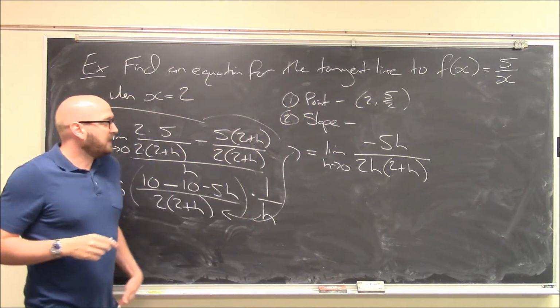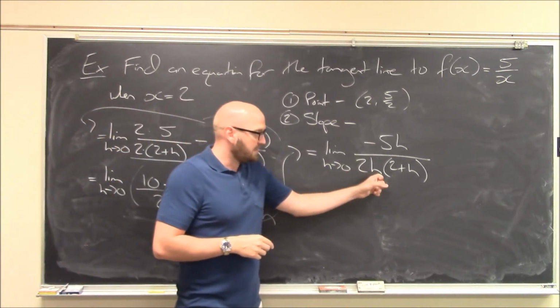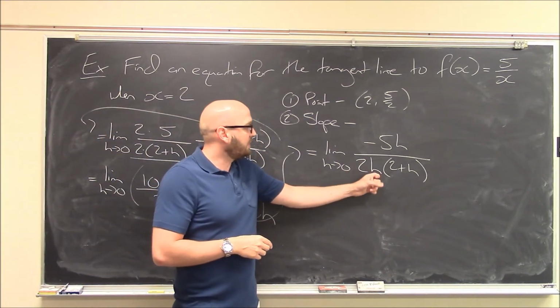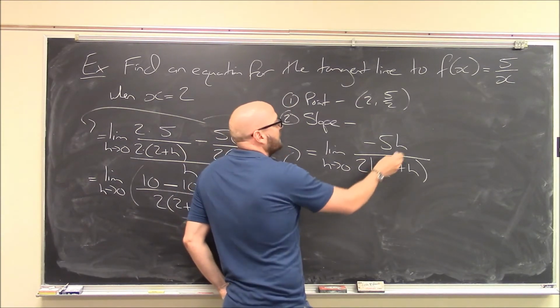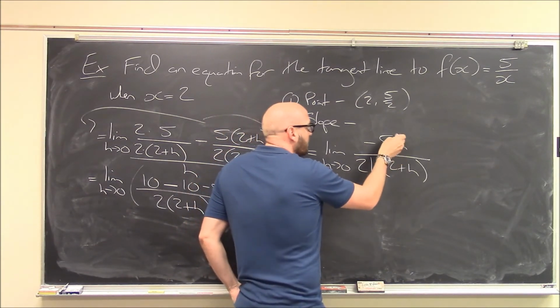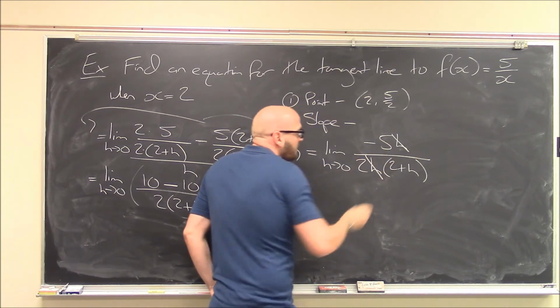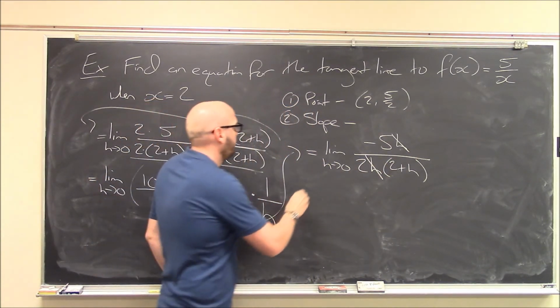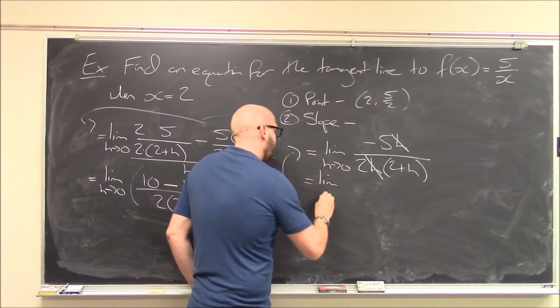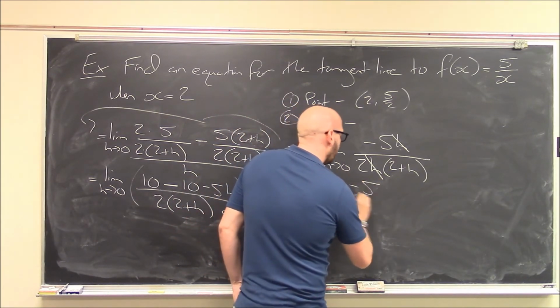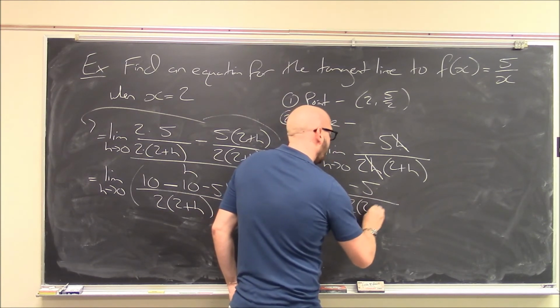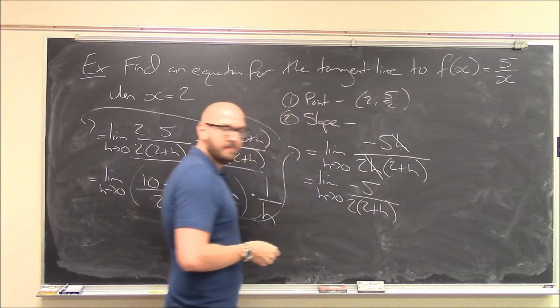I still can't plug in h equals 0 because this h still lives here, it still lives on the bottom, it's still causing me to divide by 0 if I plug in h equals 0, but we are at the point now where the entire top is multiplied by h, the entire bottom is multiplied by h, so they cancel. So this is the limit, as h goes to 0, of minus 5 over 2 times 2 plus h.